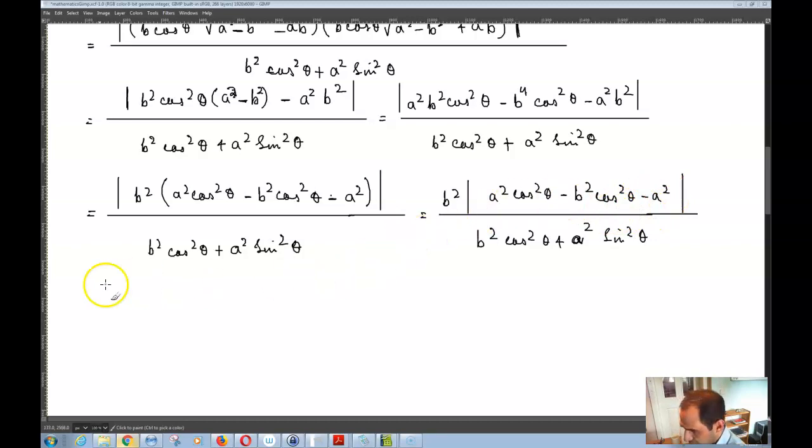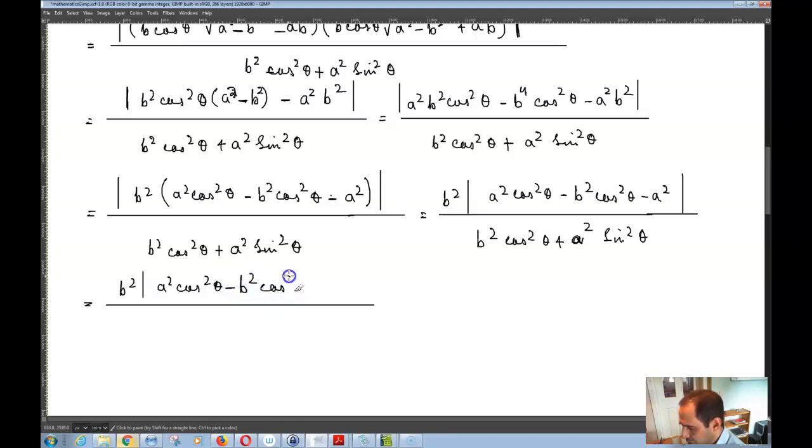Okay, so what you can do here is that basically you can write this as b squared, the absolute value of a squared cos squared theta minus b squared cos squared theta minus a squared, and there is a 1 multiplied by this a squared, of course, and you know that basically sine squared theta plus cos squared theta is equal to 1.